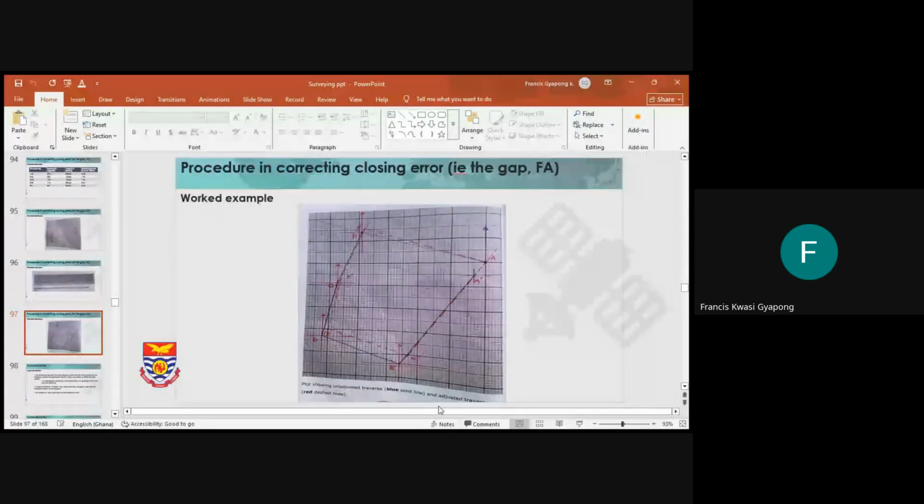The blue marks are the original plottings. The red marks are the adjusted plottings. So roughly, you can compare what you have done to what is on your screen.